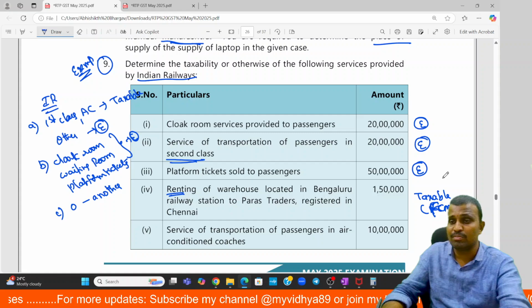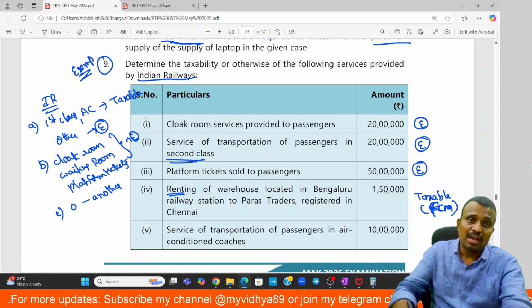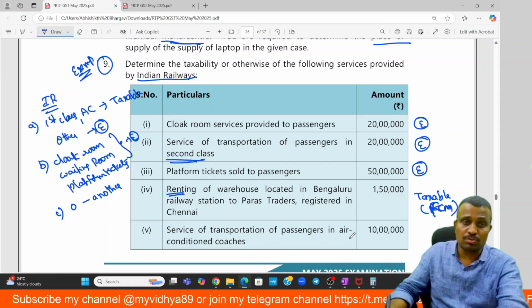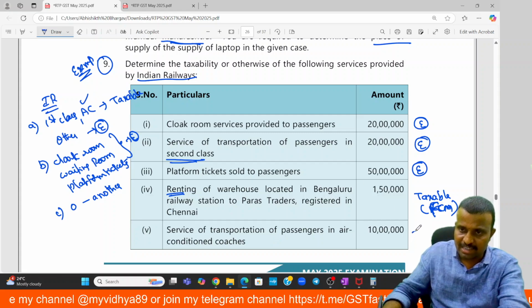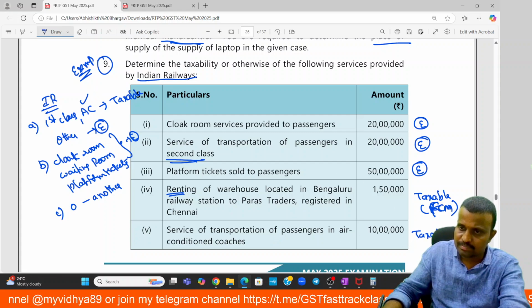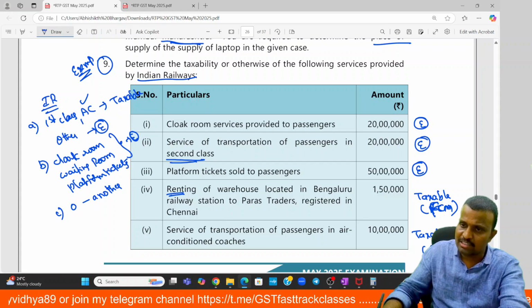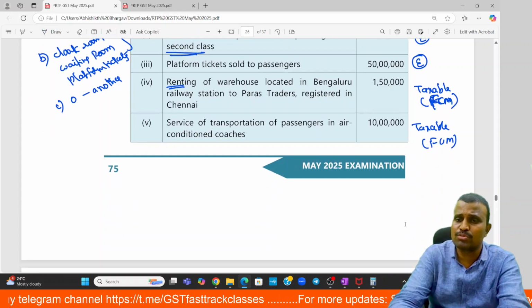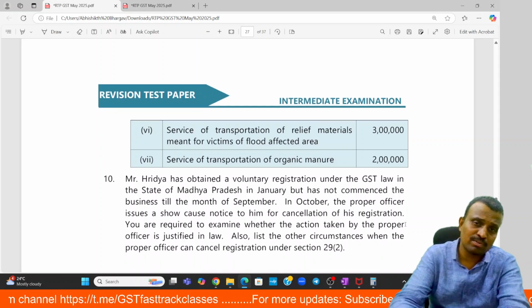And transportation of passengers in air conditioned coach, AC coach, is taxable under forward charge. General services relating to the Indian Railways are taxable under forward charge mechanism only.